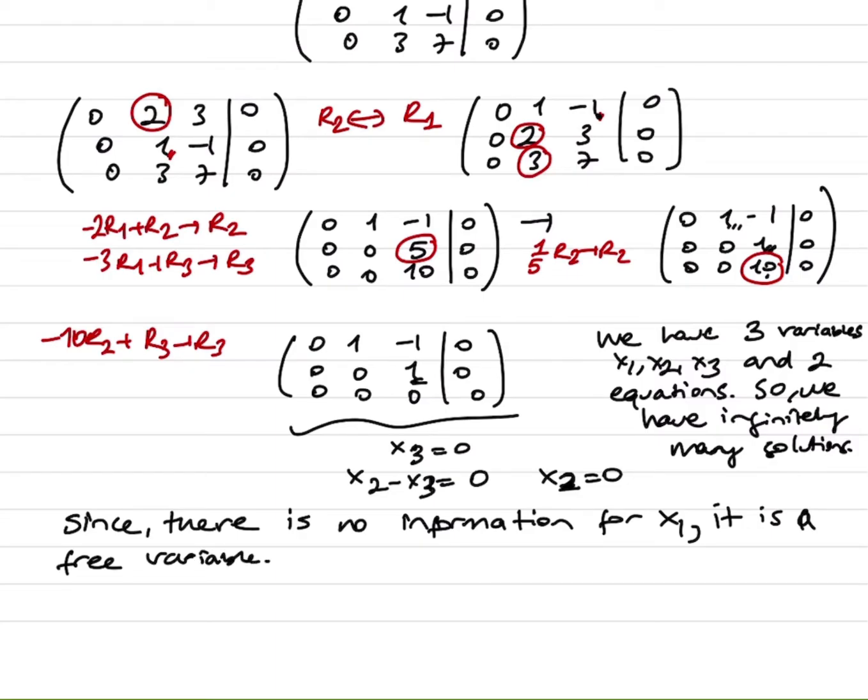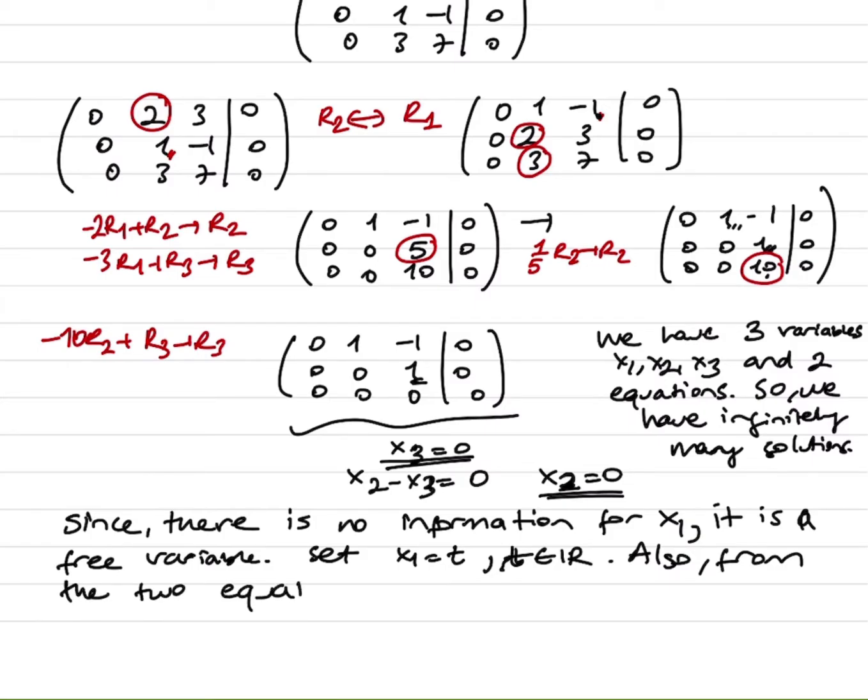So we will set x1 to be t, and t is in R. Also from the two equations above, we find x2 is equal to x3, which is 0.